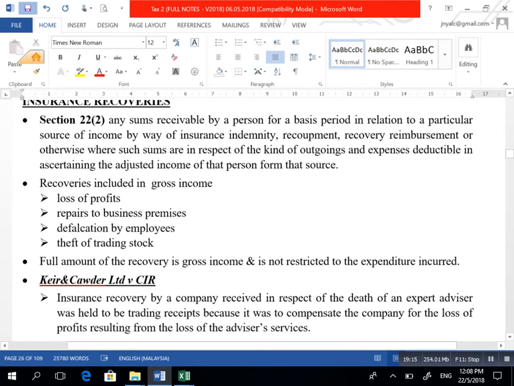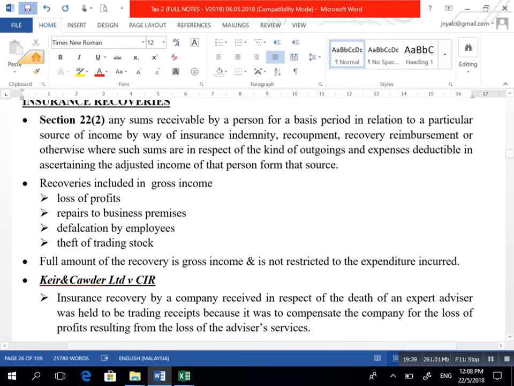Now by the way class, some of the recoveries included in the gross income are to cover loss of profit, or a claim to repair the business premises, or a claim to cover defalcations by employees. Defalcation means the employee steals your money, right?